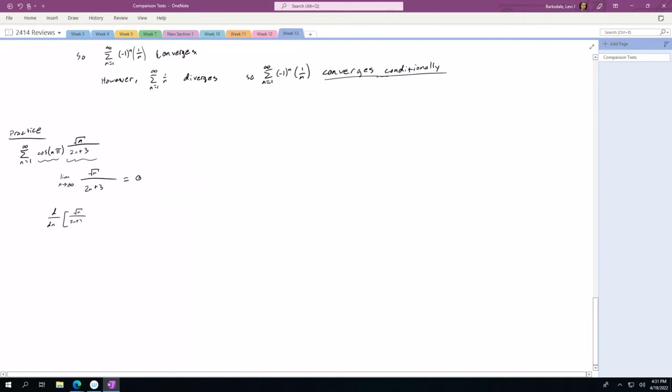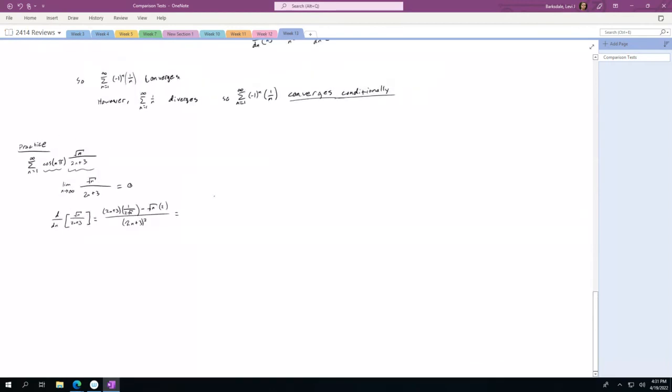Square root of n over 2n plus 3, take the derivative, we get 2n plus 3 times 1 over 2 root n minus root n times 2, all over 2n plus 3 squared, which is equal to, here we multiply the 2 root n through, and we have 2n divided by 2 root n is square root of n, 3 over 2 root n minus 2 root n, all over 2n plus 3 squared, which is equal to minus square root n plus 3 over 2 root n over 2n plus 3 squared.